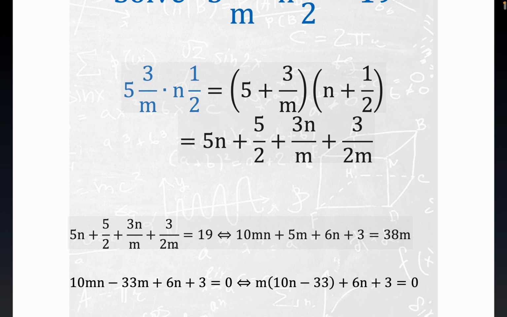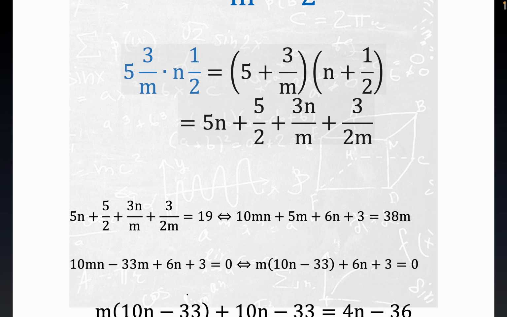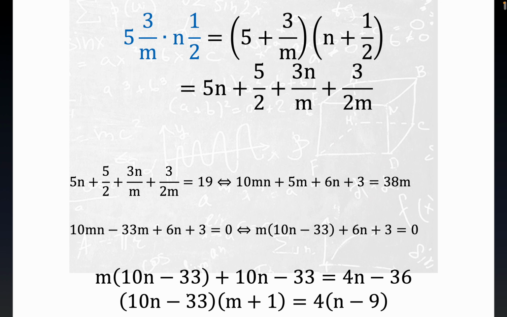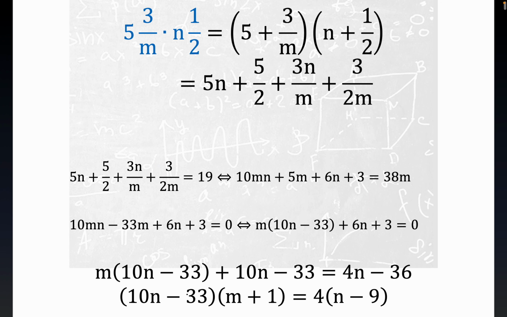We multiply through by 2m here to clear out these fractions. Notice I multiply through everything by 2m to clear out the fractions. Okay, that leads to this statement down here. Now, notice we would like to get this in a position where we could factor it. And that's why we add 4n minus 36 to both sides.